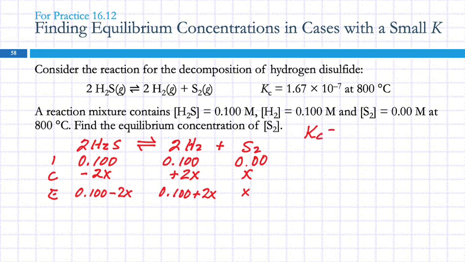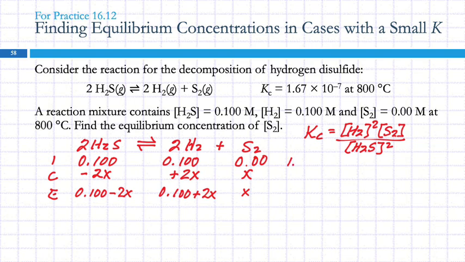So the expression here is H2 squared times S2 divided by H2S squared. It really is a good idea to write this out and then plug numbers into it.